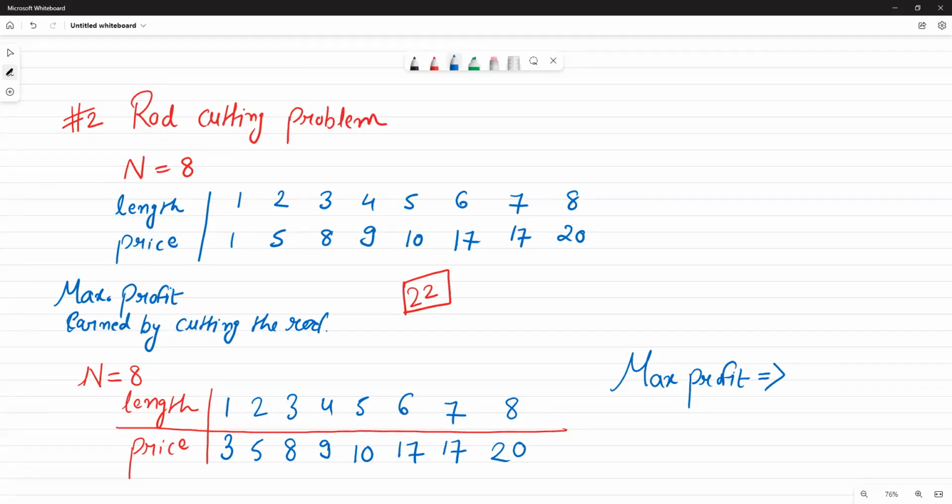Partition your rod into length 1 parts and you will get your max profit as 3 multiplied by 8, which is 24. Correct.